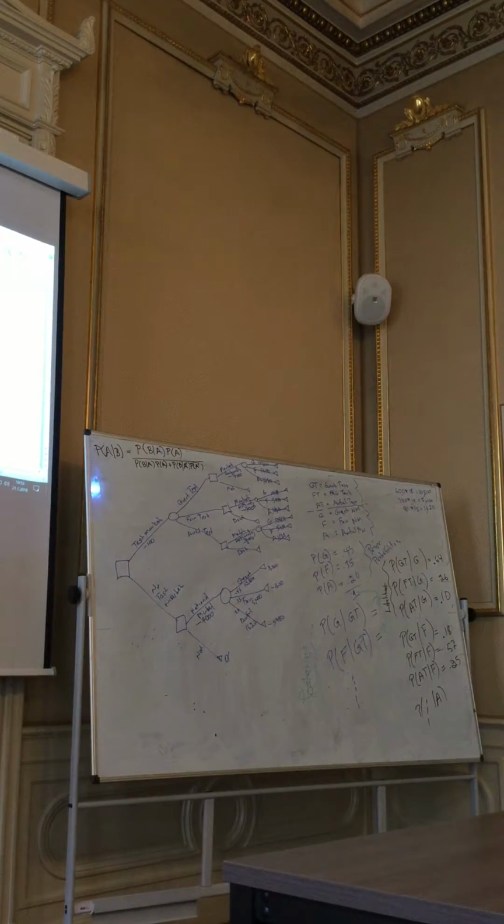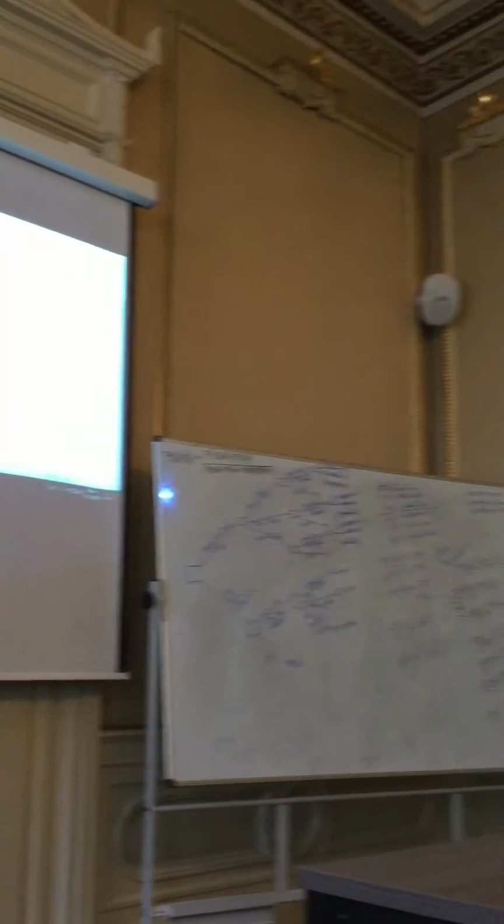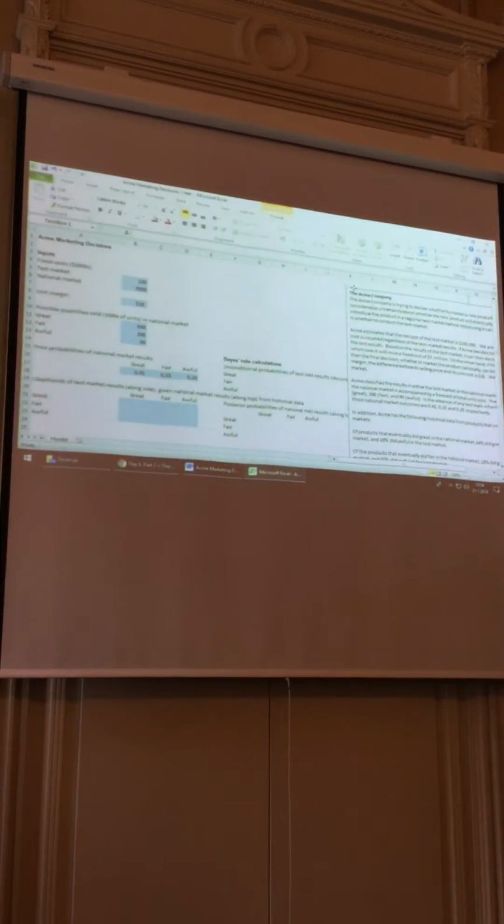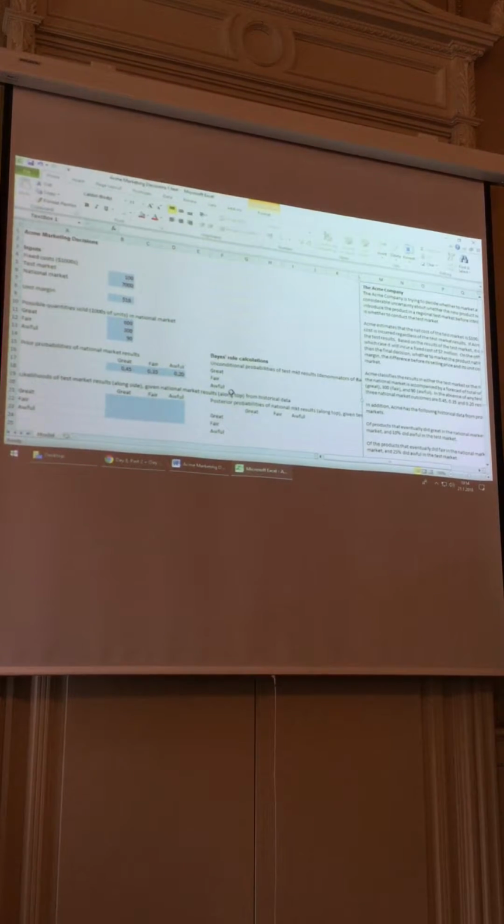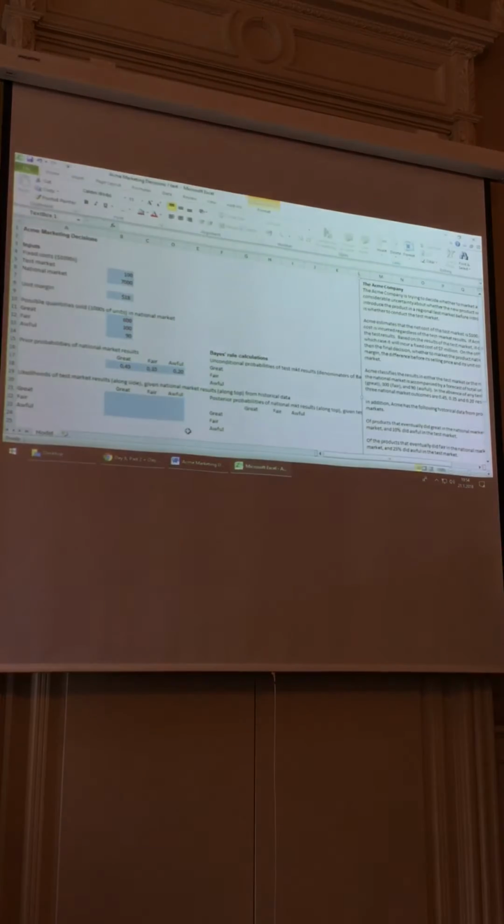All right, now we're going to move to the spreadsheet. So I'm going to attempt to remember how to do this. Okay, so in the spreadsheet, all the data is already given. We're going to make these calculations in a minute, and we're going to do it in such a smart way so that it's going to be rather cookbook.